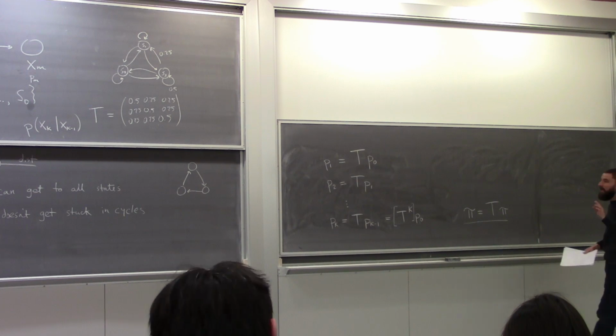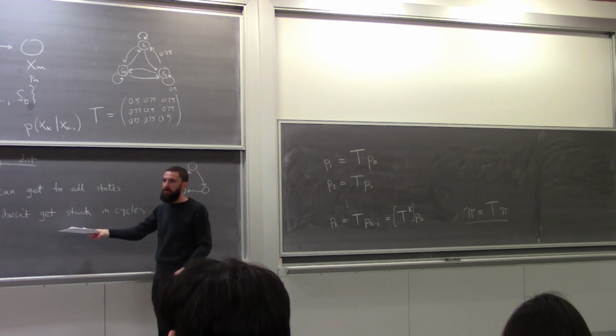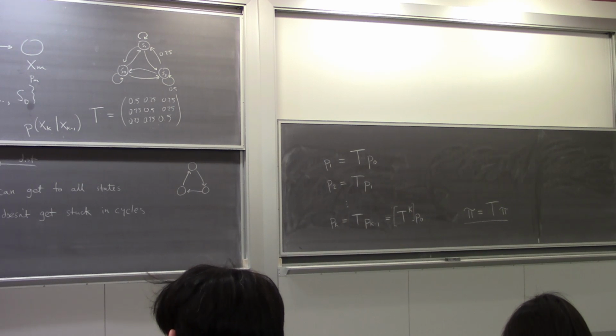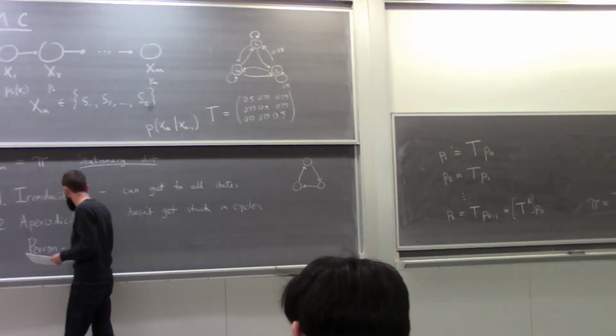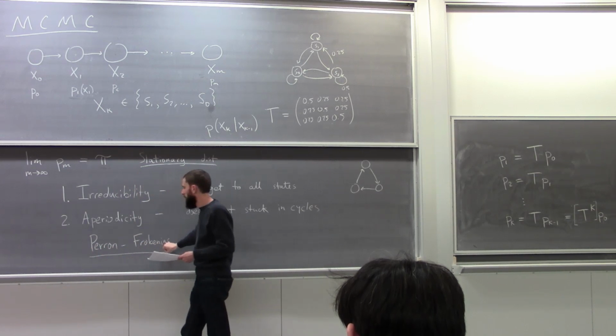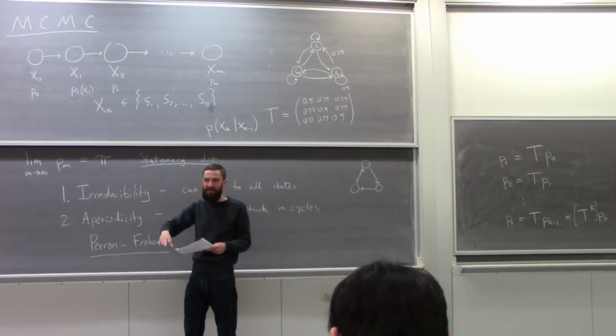It turns out that one way to prove that you have a stationary distribution here is through a theorem called the Probabilistic theorem, which, as usual, I'll say refer to the Wikipedia page for the gory details of the theorem.